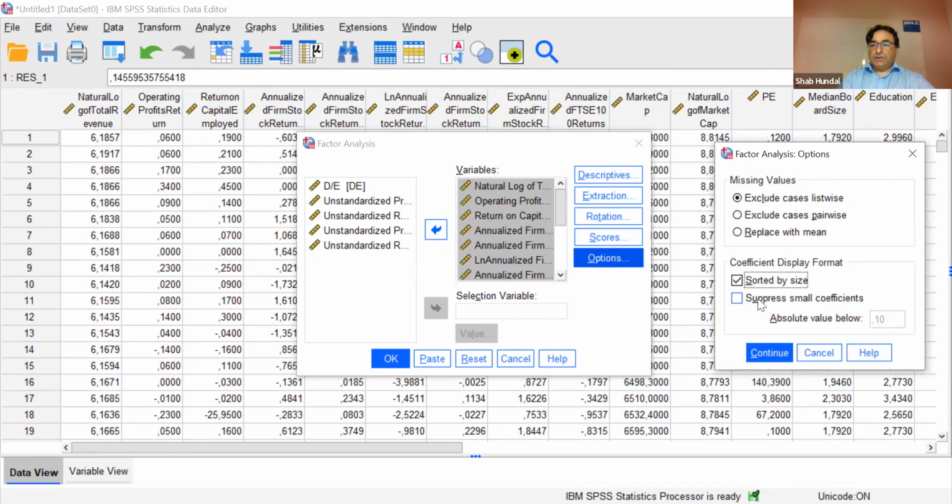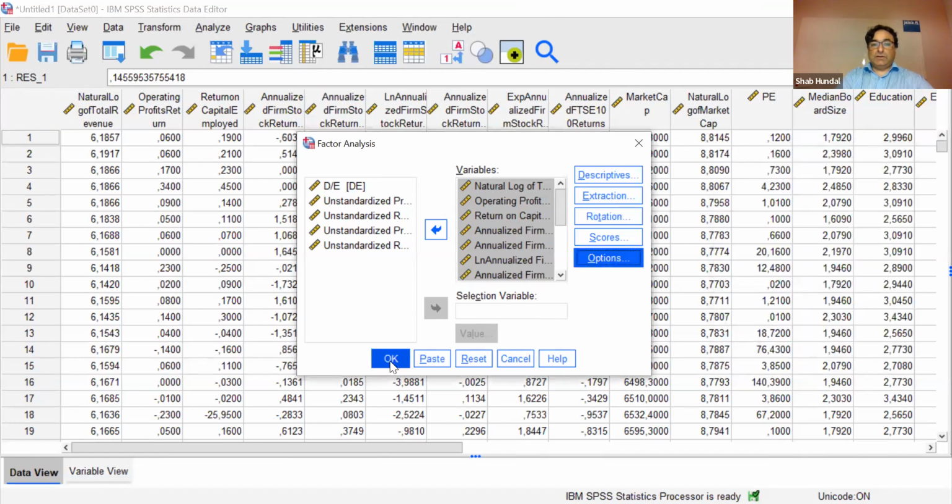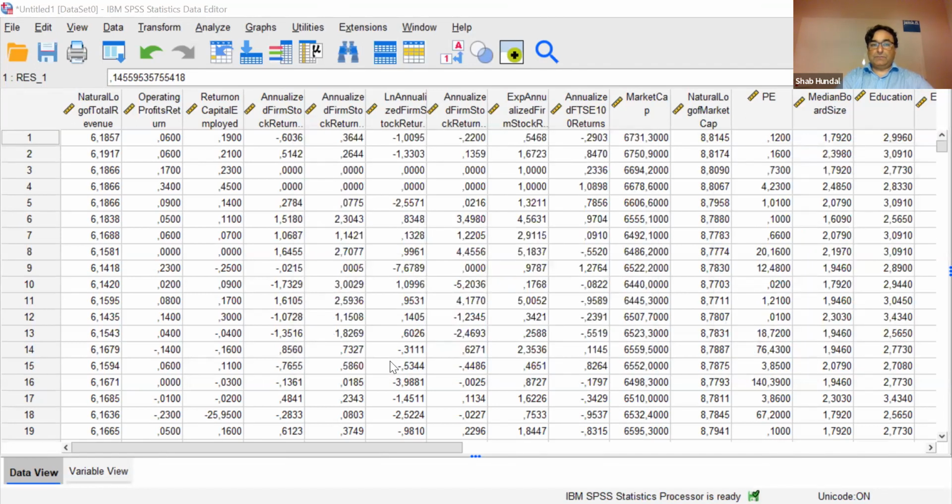As you can see the name here, suppress small coefficients. So anything less than 0.3, we don't take. This is in the theory that if the value of the factor is less than 0.3, we don't take it, because the factor is not so significant. And then we continue, and here we find okay. And you can see that we have got our factors.